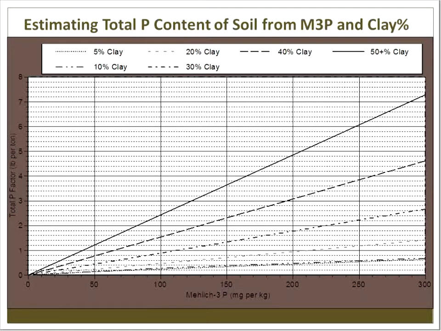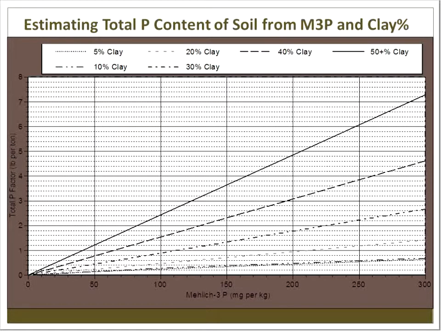So for every ton of sediment eroded, we have this relationship for pounds of P per ton versus Mehlich 3P. So Mehlich 3P is in milligrams per kilogram. This is a little different than you all normally see it. Typically, you see it as phosphorus index, but they're reasonably close in approximation.